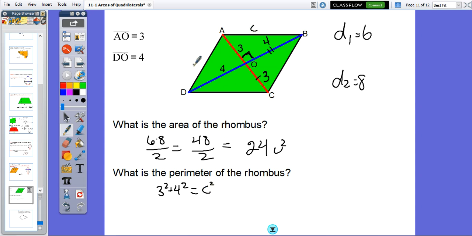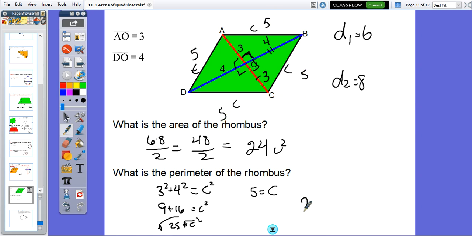All the sides are the same because they all have 3 and 4 as legs, and they're all right triangles all the way around. So we get 9 plus 16 equals c squared. Then 25 equals c squared, and we square root both sides. We get 5 equals c. So if our sides are 5, what is our perimeter, class? Yeah, it's 20 units.